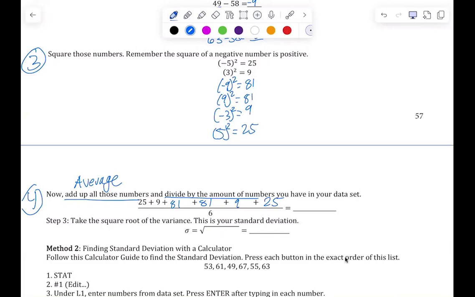We're going to add them all up. Since I'm going to be using this number again, I'm actually going to use the real fraction.